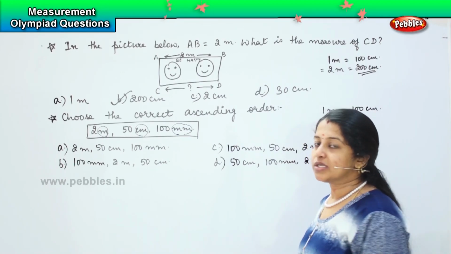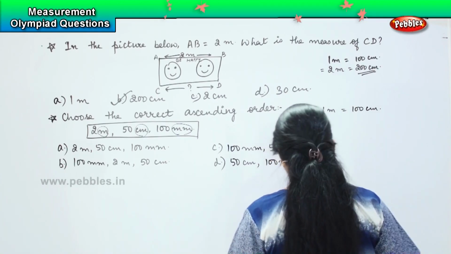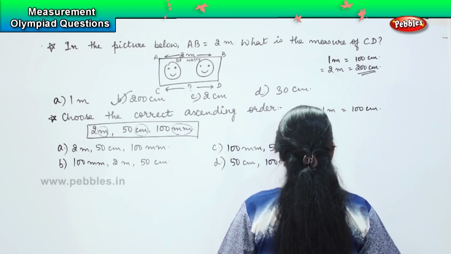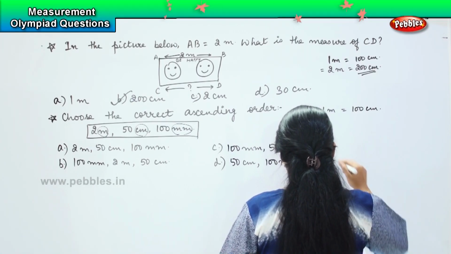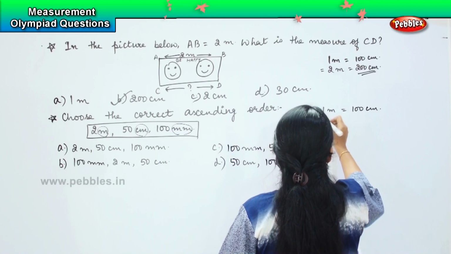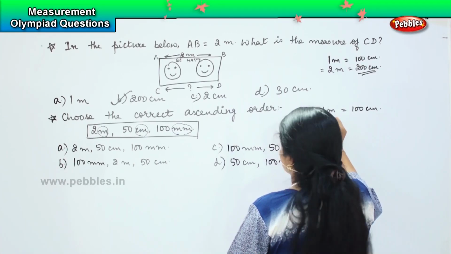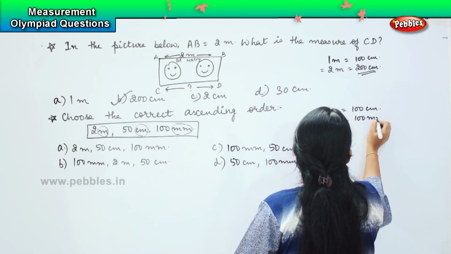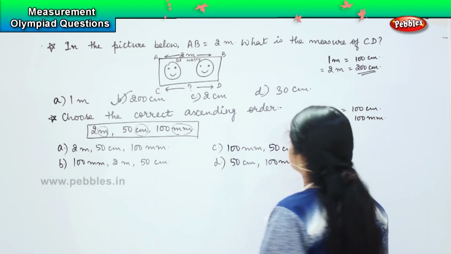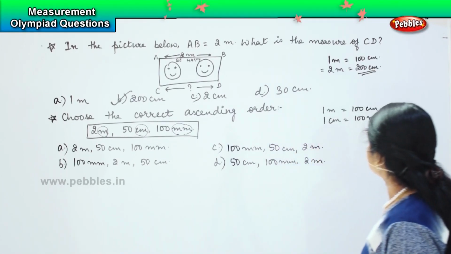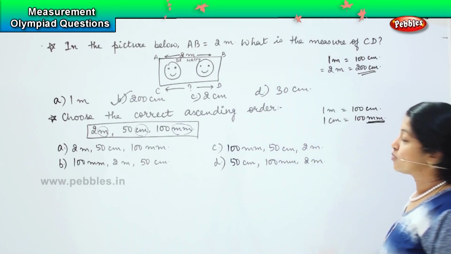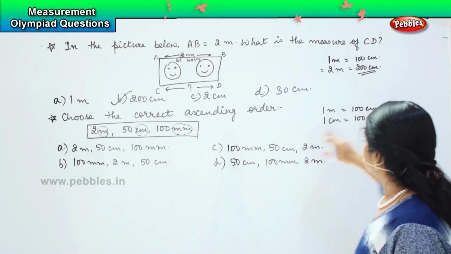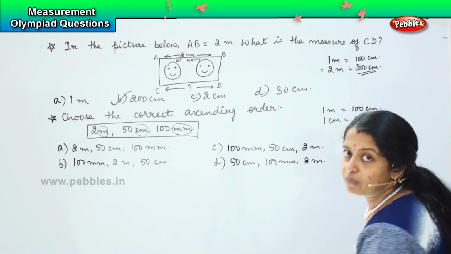And we also saw the conversion in terms of millimeter, that 1 centimeter equals 10 millimeter. So millimeter is the smallest one. So first will be millimeter, followed by centimeter, and then followed by meter.